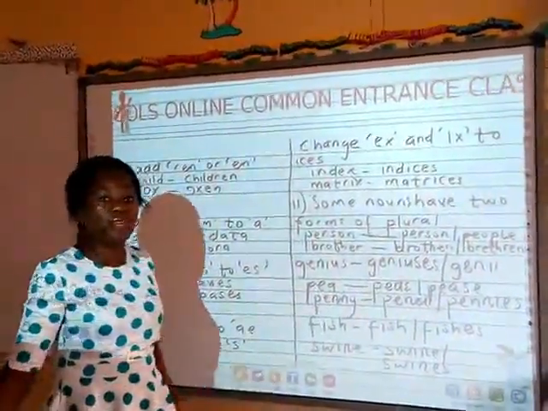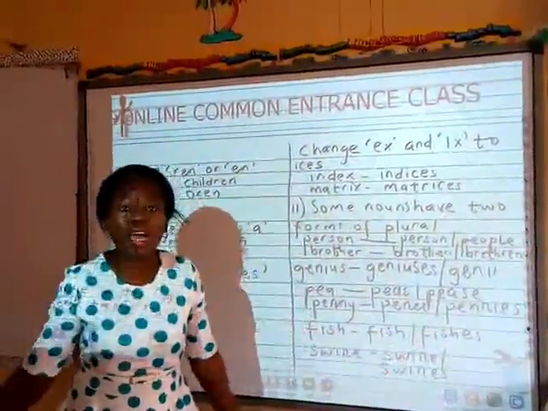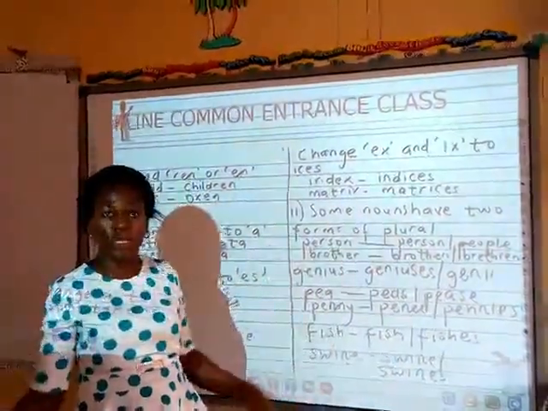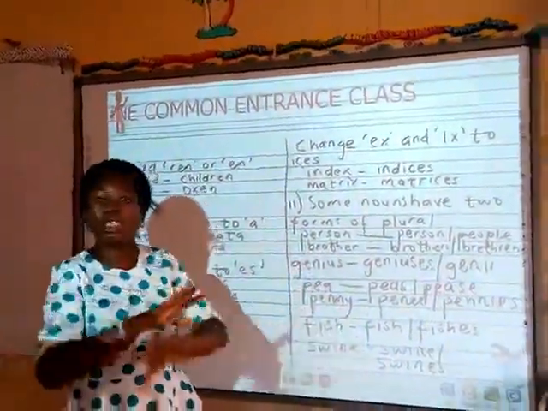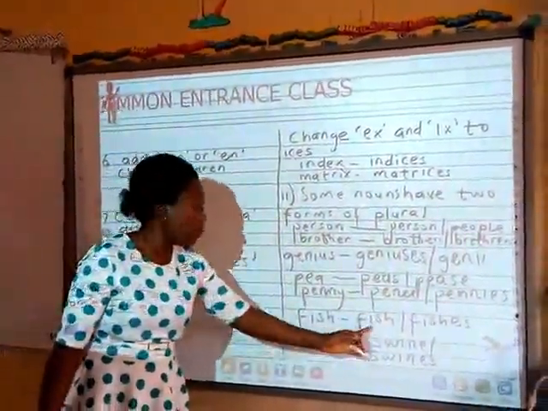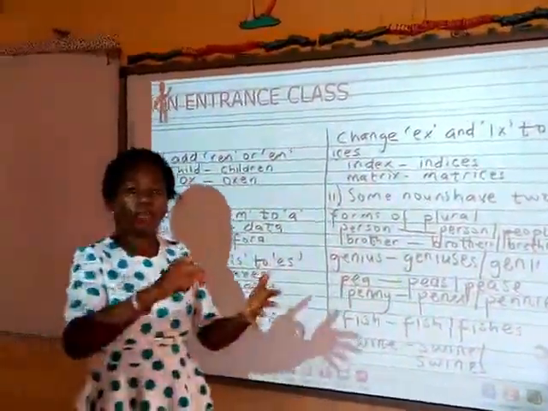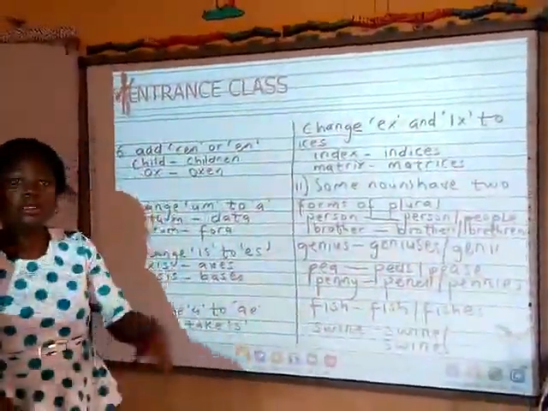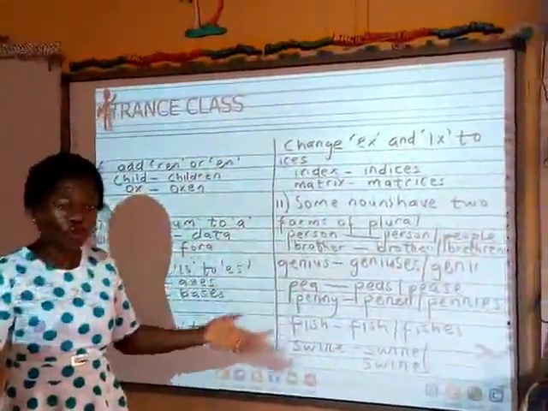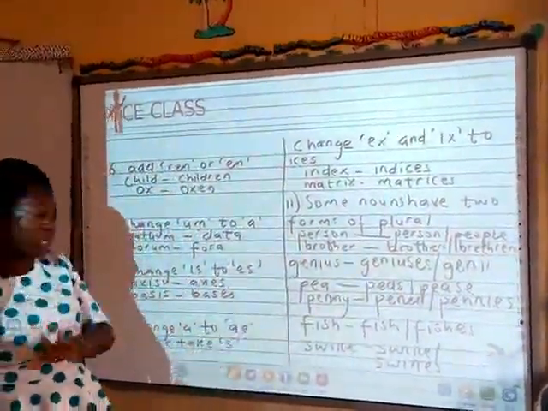But if, for example, you went somewhere and there is a pond with only catfish, no matter the number of catfish, it is still fish. That is why the plural is still fish. But if inside the pond you have catfish, tilapia, mackerel, and maybe any other kind, then you can use fishes. So that is the two forms. You have to be very careful about that.